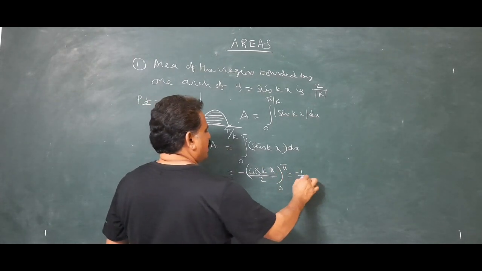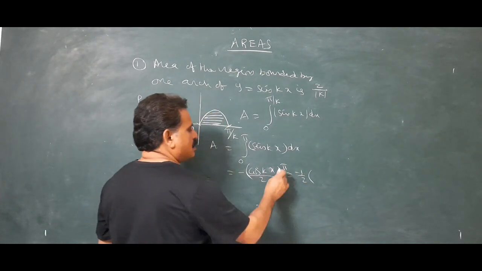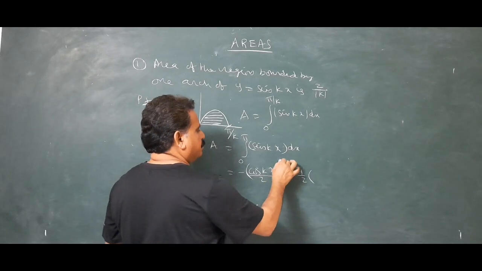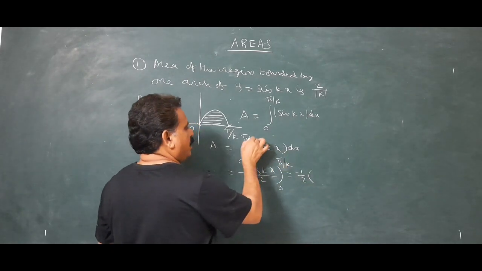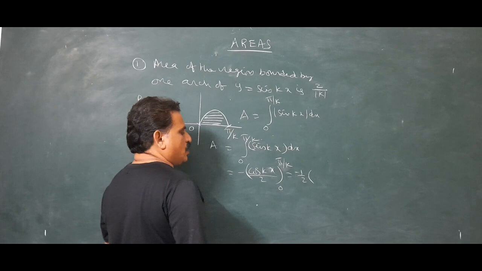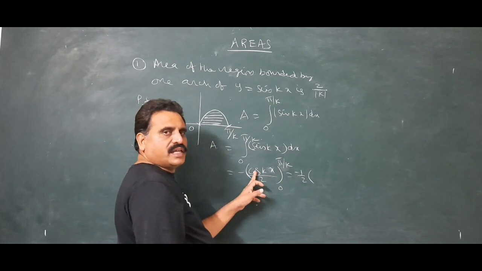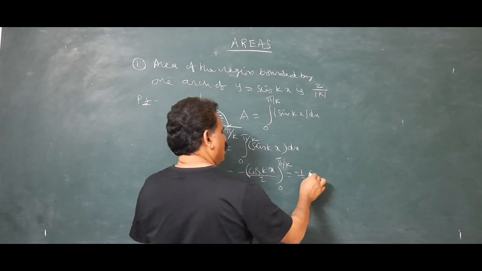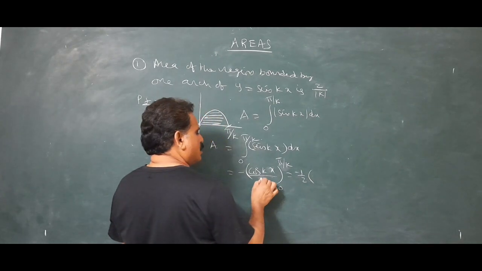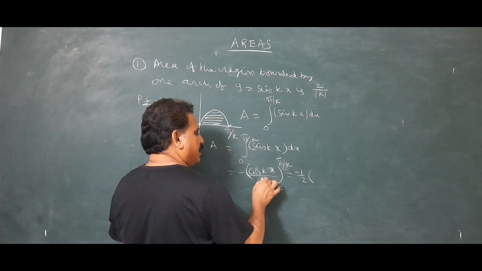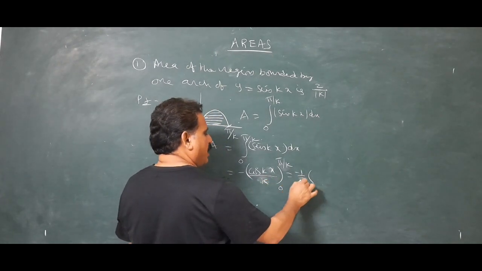So that equals minus 1 by k into cos kx from 0 to pi by k. So minus 1 by k.